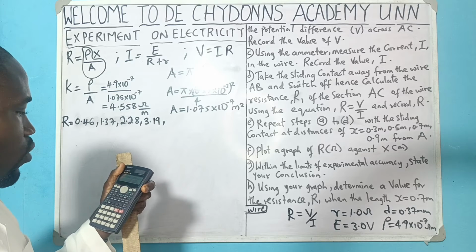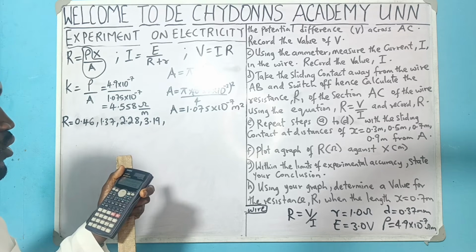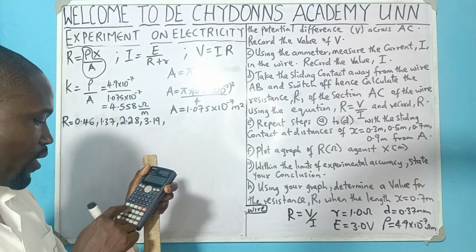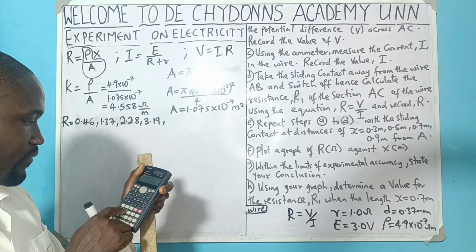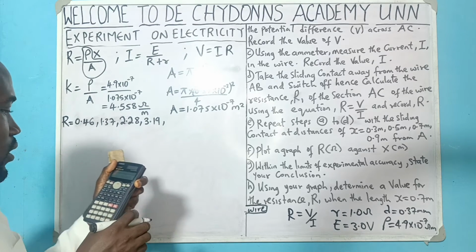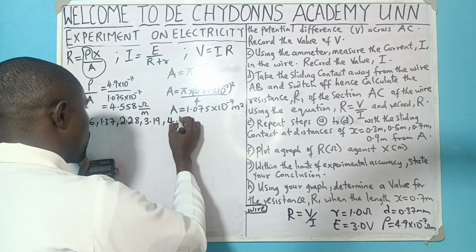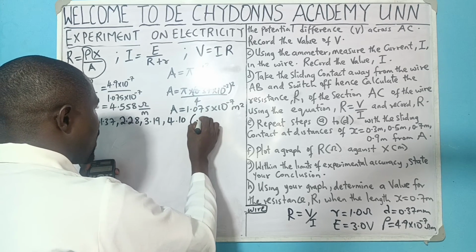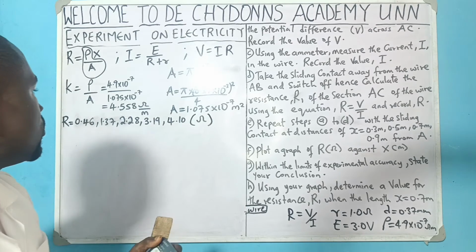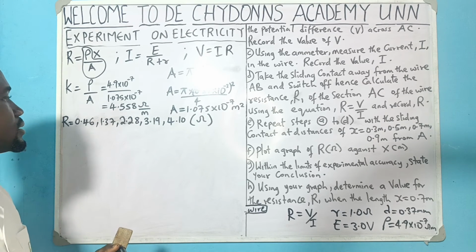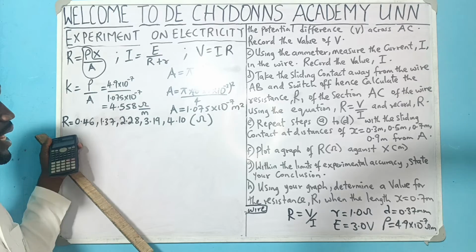Then do the one of 0.9 times 4.558, that will be giving us 4.10. All are in ohms. We have got resistance, that is the external resistance.